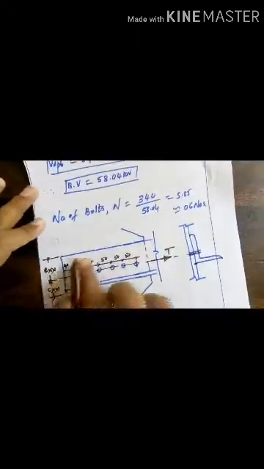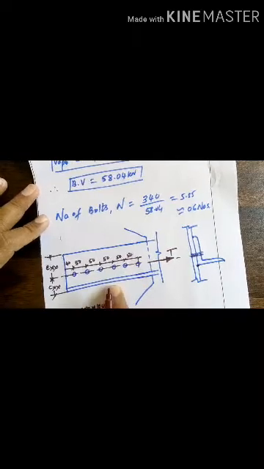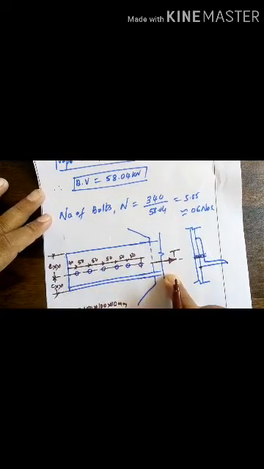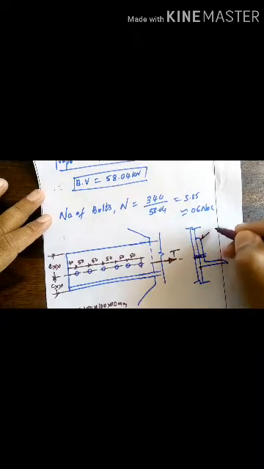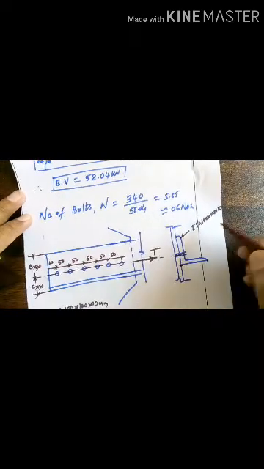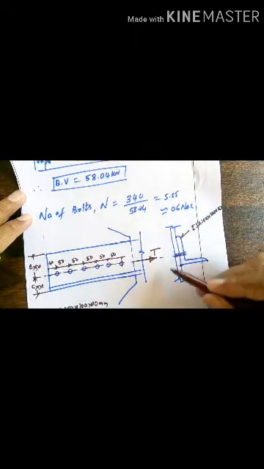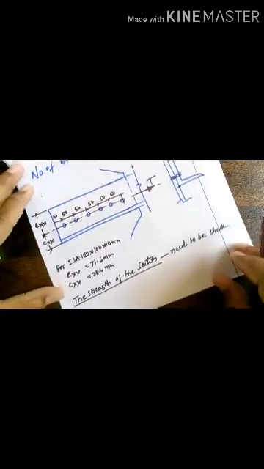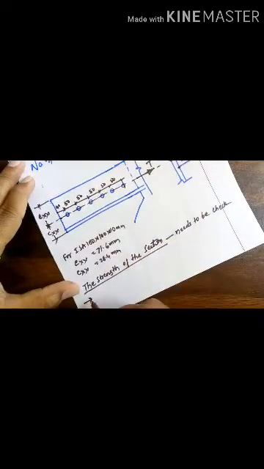Once you arrange the bolts in a chain pattern, and your angle section is ISA 100 by 100 by 10, we need to check whether the assigned section is safe or not.